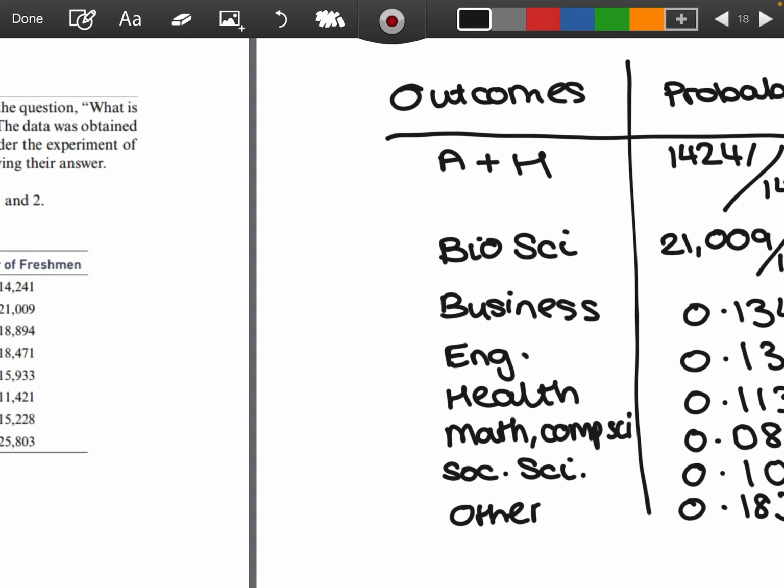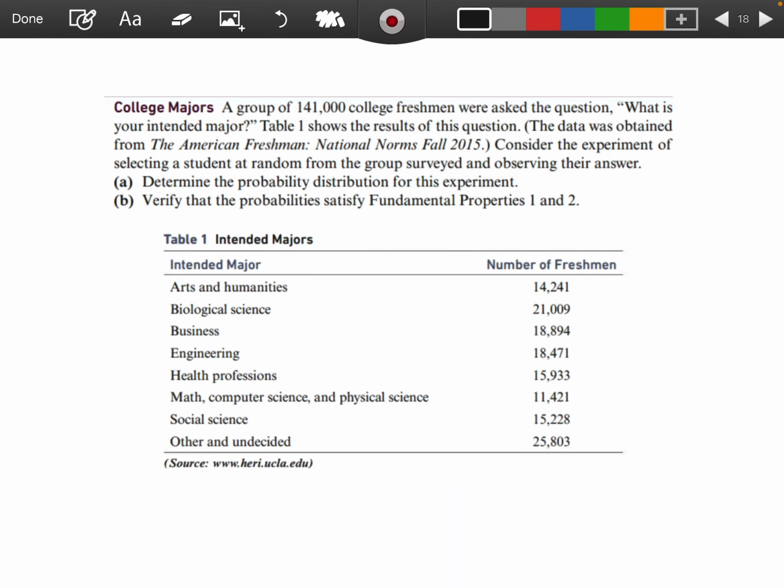Okay, so let's go back to our probability distribution for that particular example. Okay, the most popular majors, the ones that were taken the most, were biological sciences, business and engineering. These were the ones that were the most common, the most popular.